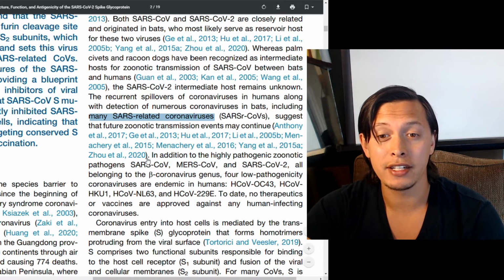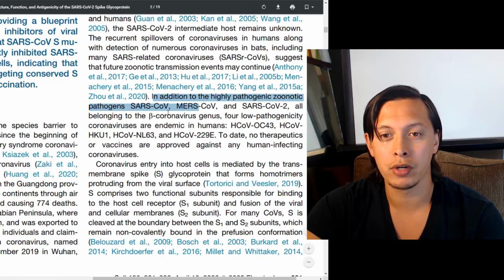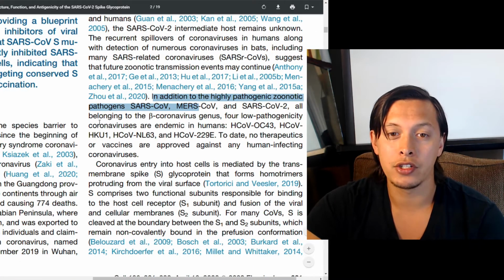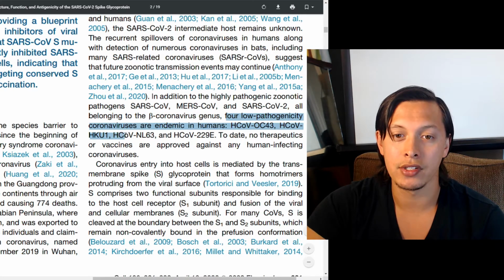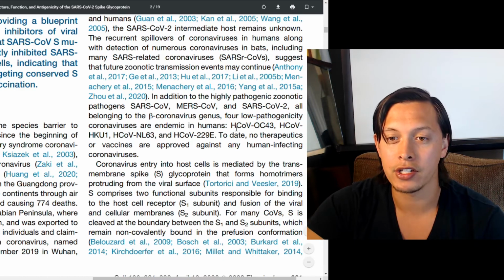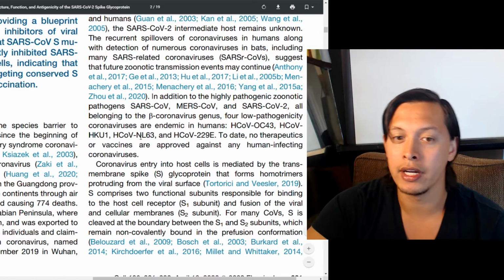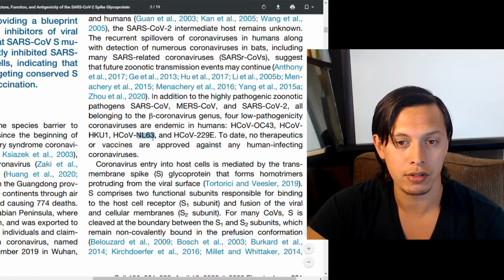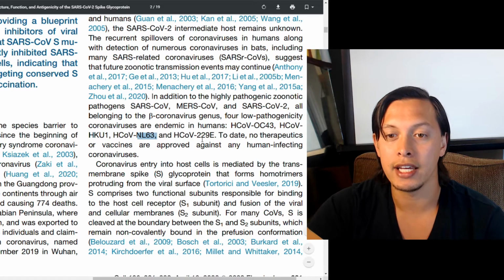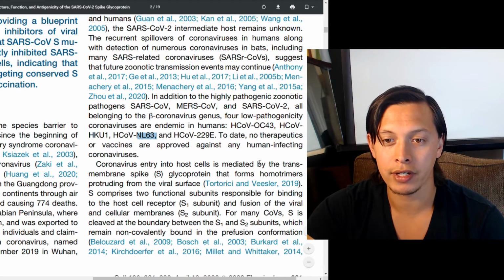So in addition to the highly pathogenic zoonotic pathogens, SARS-CoV, MERS-CoV, and SARS-CoV-2, all belonging to the betacoronavirus genus, 4 low pathogenicity coronaviruses are endemic in humans, and these are HCoV-OC43, HKU1, NL63, and this one also uses the ACE2 receptor to gain entry in the cell, just so you're aware, and 229E. To date, no therapeutics or vaccines are approved against any human-infecting coronaviruses.